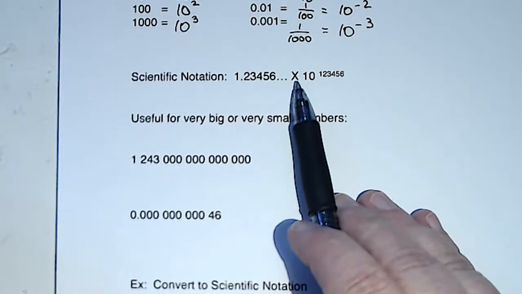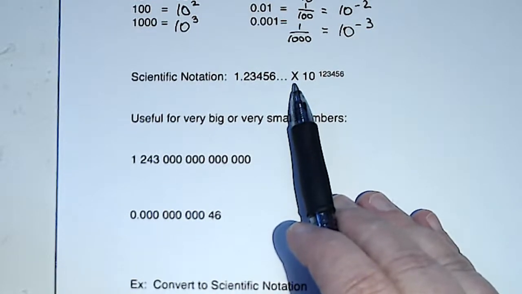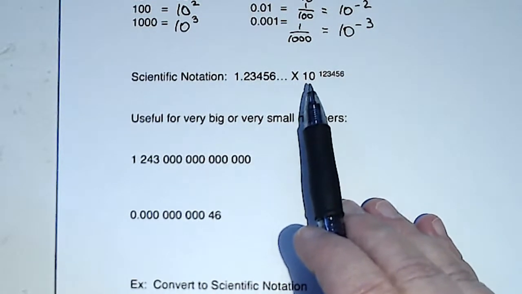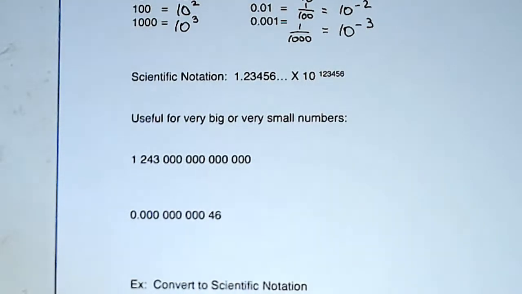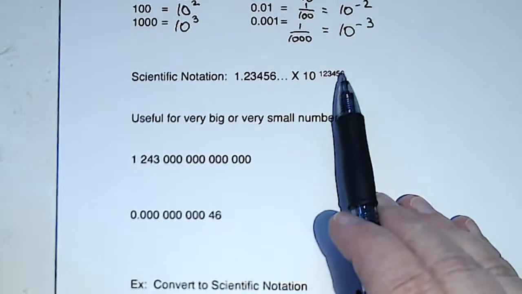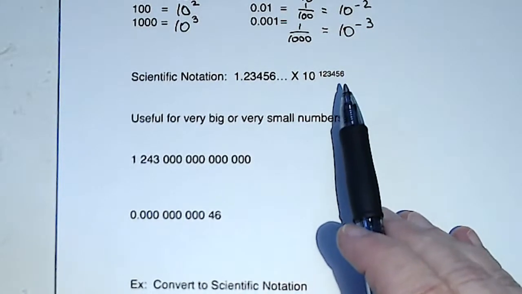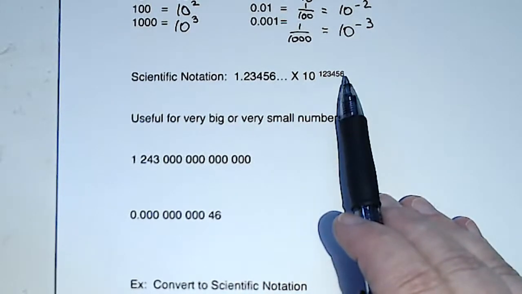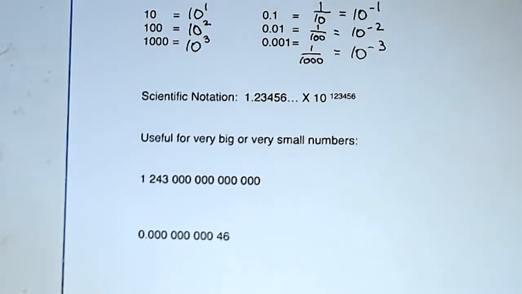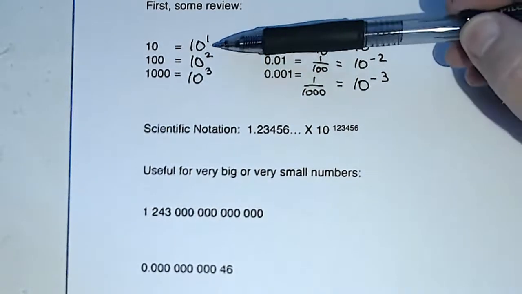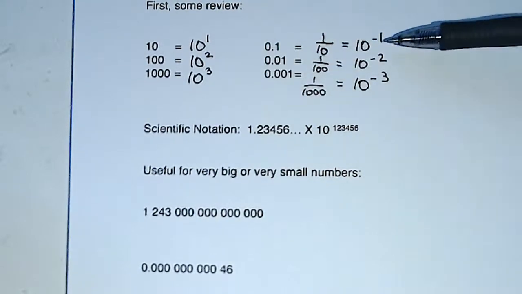And then a big old X so that everyone knows that this is not the letter X, like a variable. And then 10 with an exponent. And the exponent can be positive or negative. And basically the 10 to that power is going to tell us, do we have something large or do we have something small?